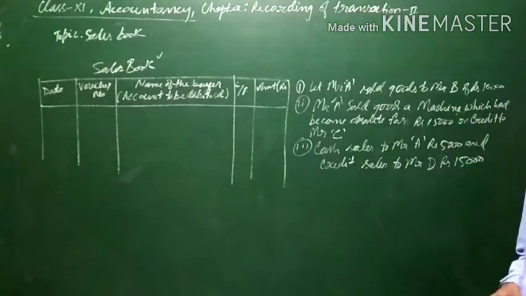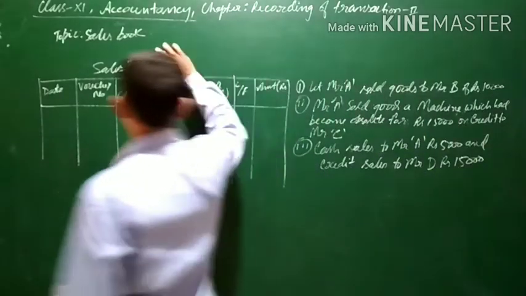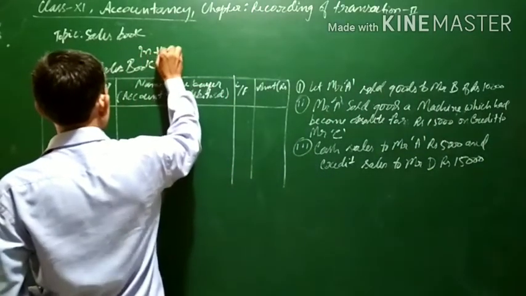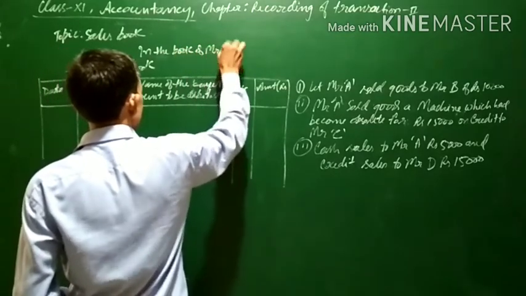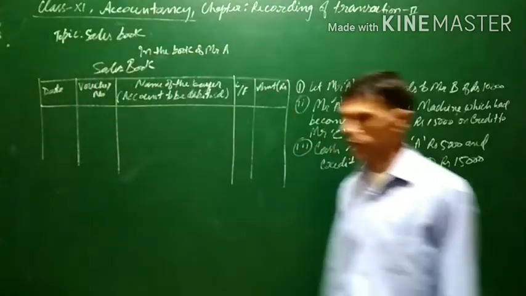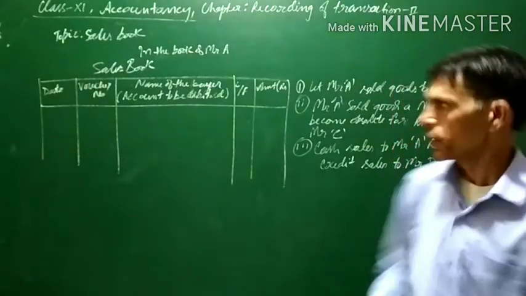Mr. A, that is, we have to prepare in the books of Mr. A. The sales book, or suppose we are preparing the sales book in the books of Mr. A. This is the question.